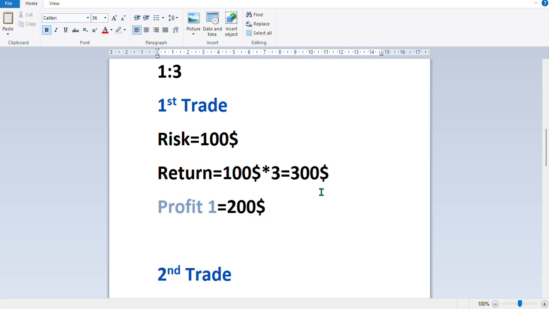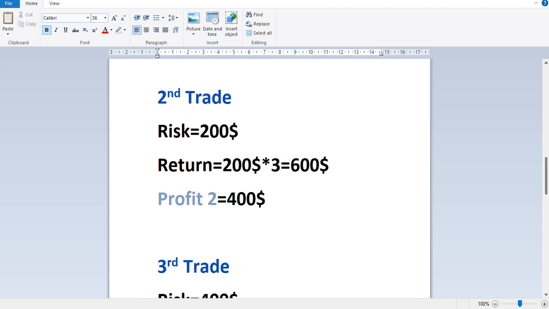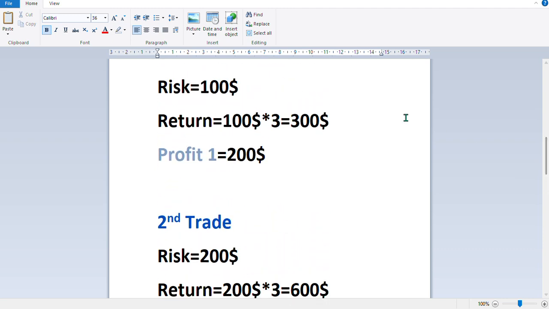Once your first successful trade has occurred, you will have a $200 profit from your first trade. Now you move on to the second trade. Remember that you will only be risking $200 in the second trade. Why? In our first trade, we already have our $100 back.